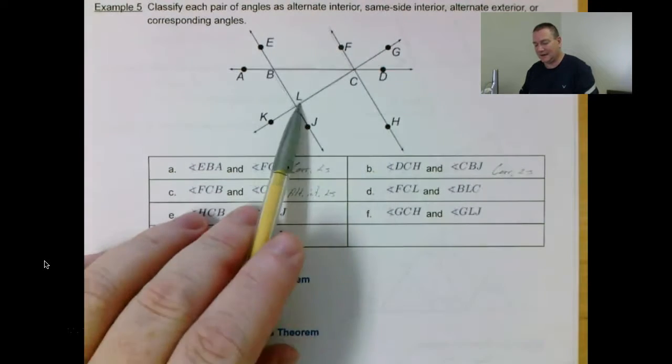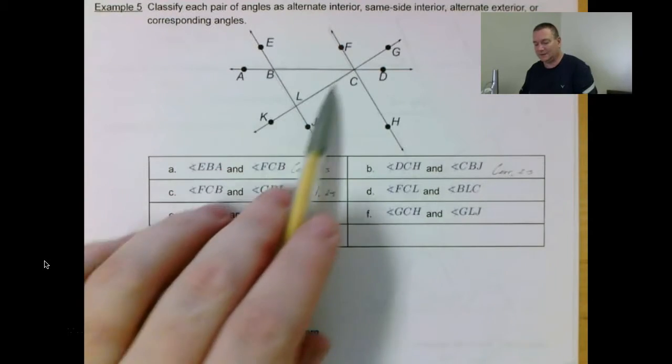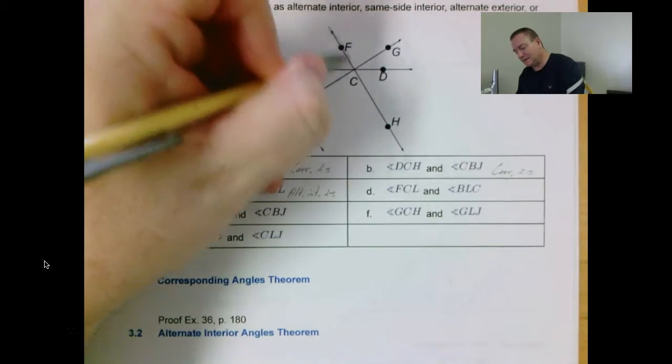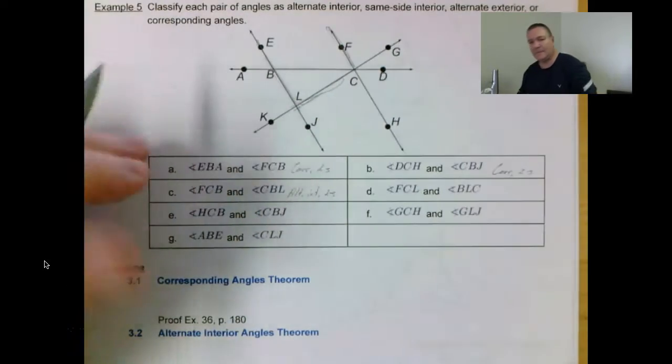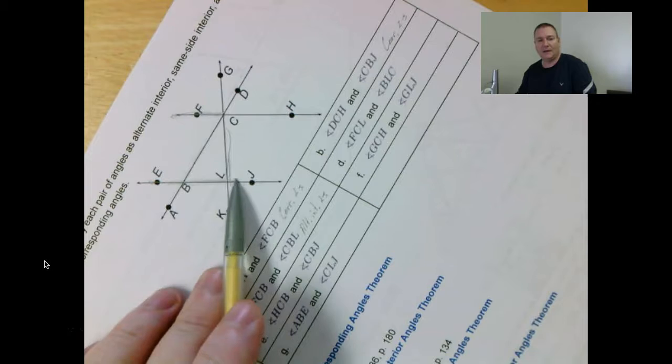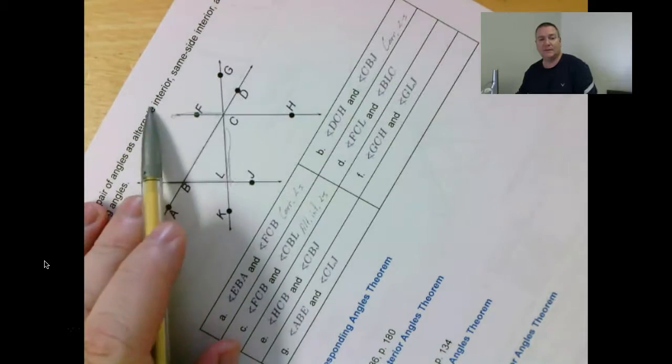FCL and BLC. And let me trace these. FCL and CLB make a C-like shape. I know it's backwards, but it's still a C-like shape.